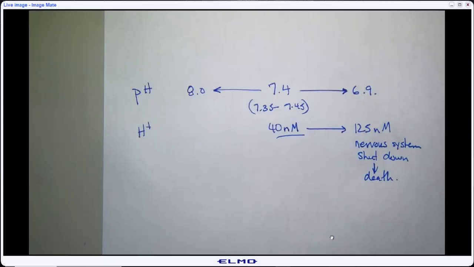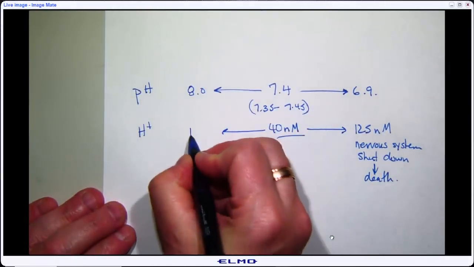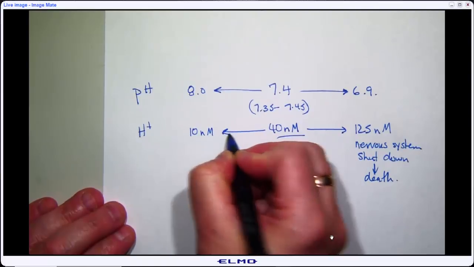So we're very sensitive to too much hydrogen ion. We're also very sensitive to too little hydrogen ion, right? So when our pH goes up, our hydrogen ion goes down, but just down to 10 nanomolar.